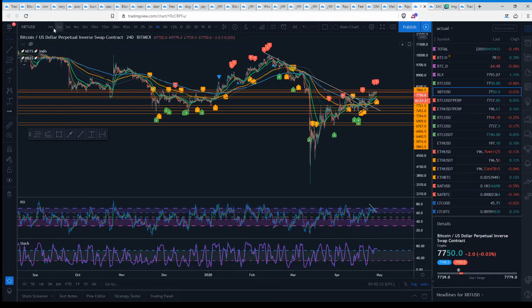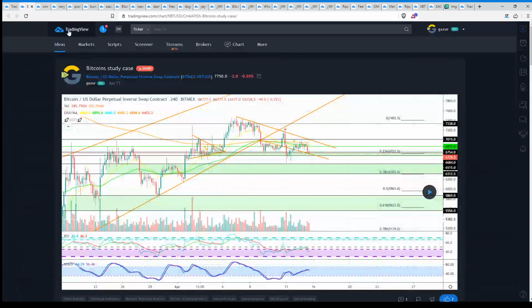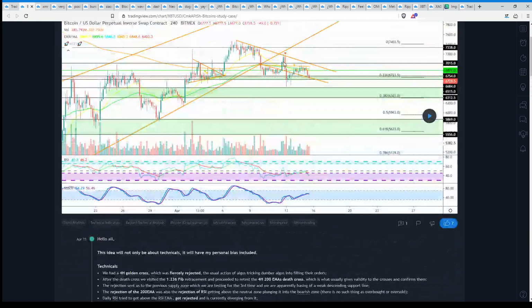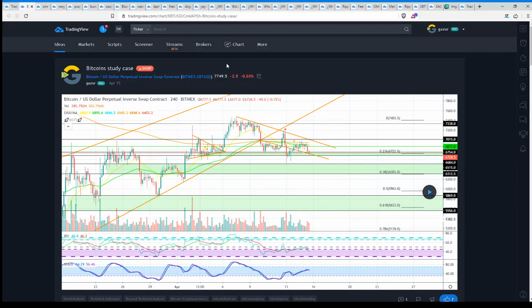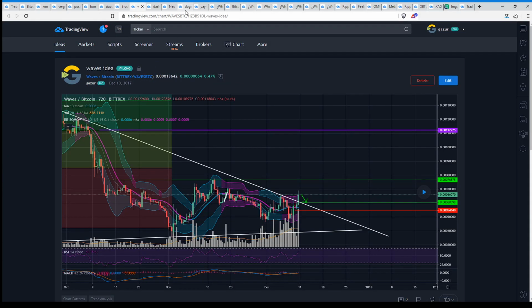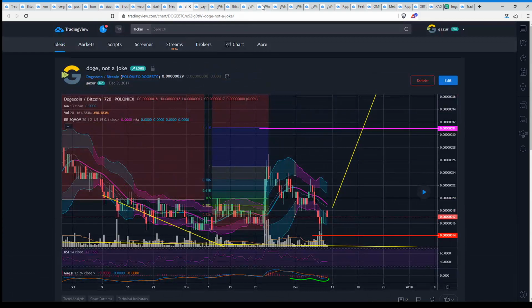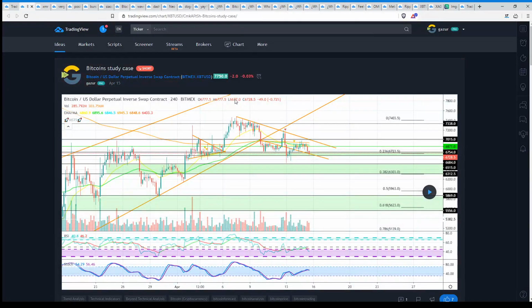Now, something I forgot to do, something every goddamn YouTuber forgets, is to verify their trading. So I have about 60 charts on this account of TradingView, which many of them got banned because I posted links, but doesn't matter.